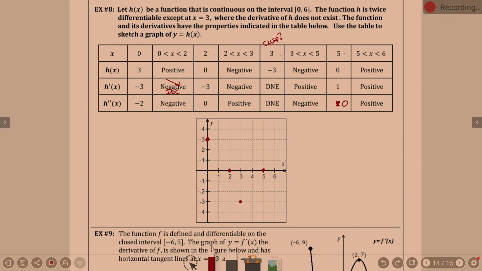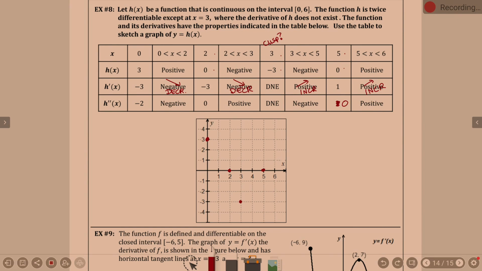Then between 2 and 3, my derivative is also negative, so my graph is also going to be decreasing. Positive derivative means my graph is going to be increasing. Does that make sense? Decrease, decrease, increase, increase. Connect the dots kind of, right?